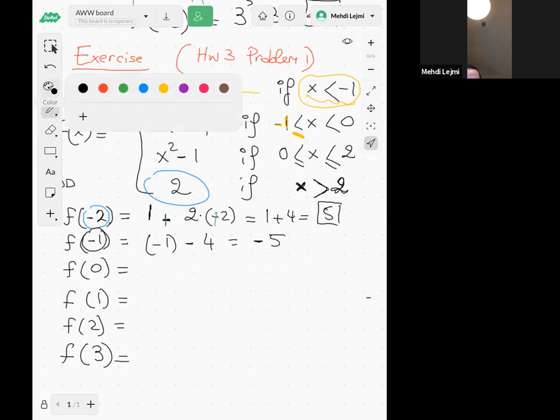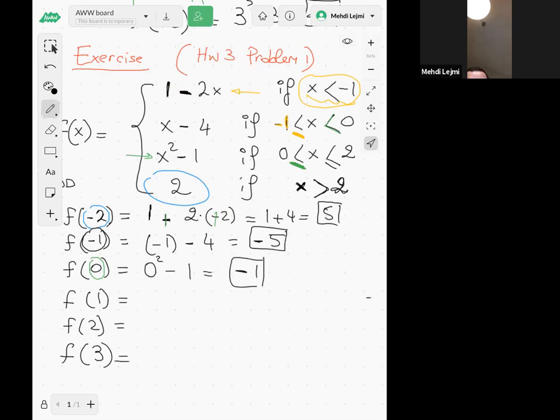f of 0, the same thing. My x is 0. In the second condition, x is strictly less than 0, so it cannot be equal to 0. But in the third condition, x can be equal to 0, because of this line. So I'm allowed to use the third equation, x squared minus 1. My x is 0, so that's 0 squared minus 1, and the answer is -1.